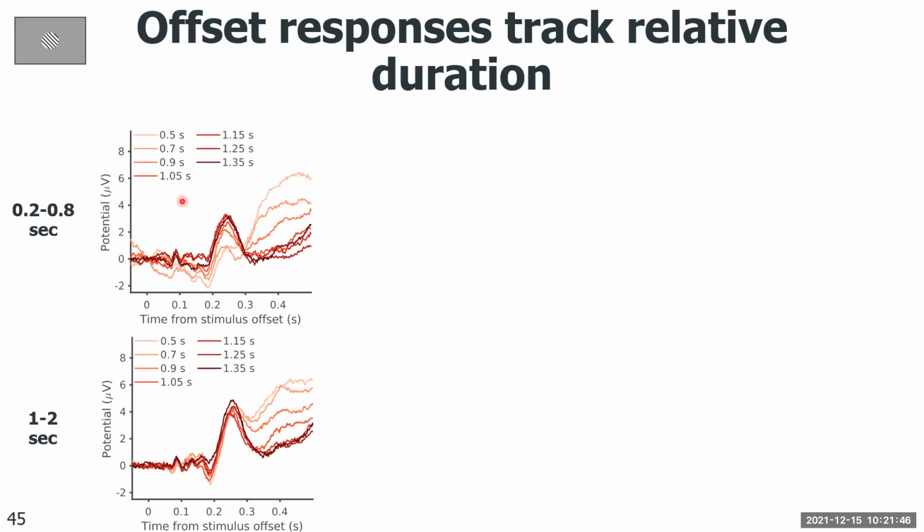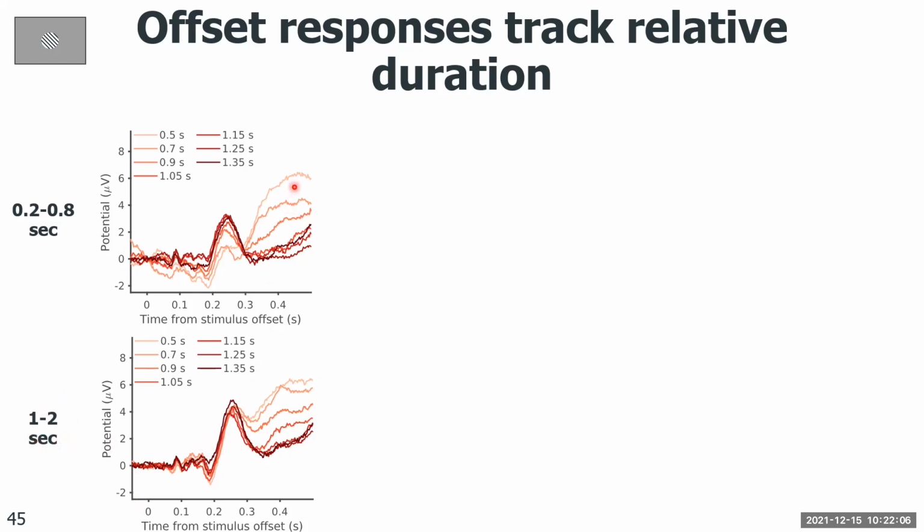On the left, at the top, we have the EEG traces to the offset of the stimulus for the short block, that is 0.2 to 0.8 seconds. And at the bottom, we have the same EEG traces to the offset of the stimulus, but this time for the longer durations block.